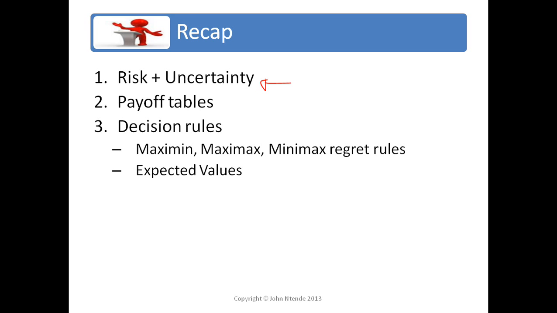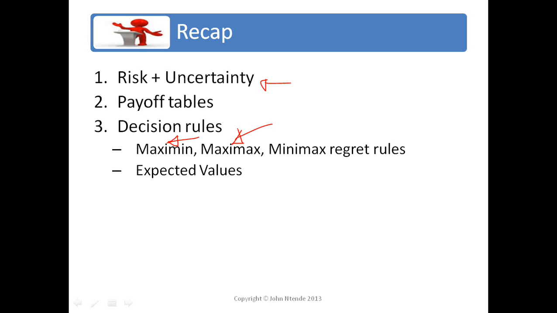Now we looked at some decision rules. One, if you remember, we looked at Maximin. Maximin is best of the worst. The risk attitude was risk averse, and the condition when it's used was uncertainty. Then we looked at maximax, which is best of the best.